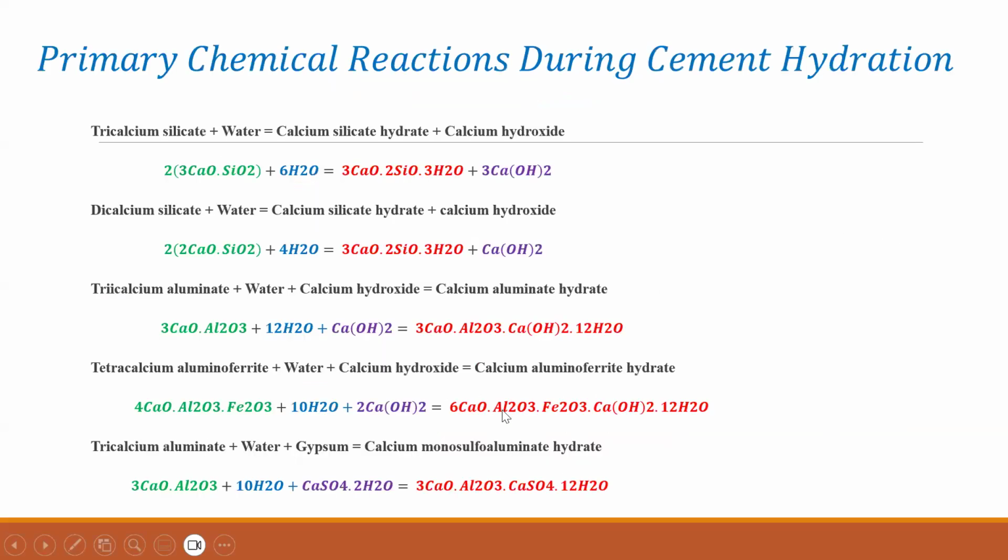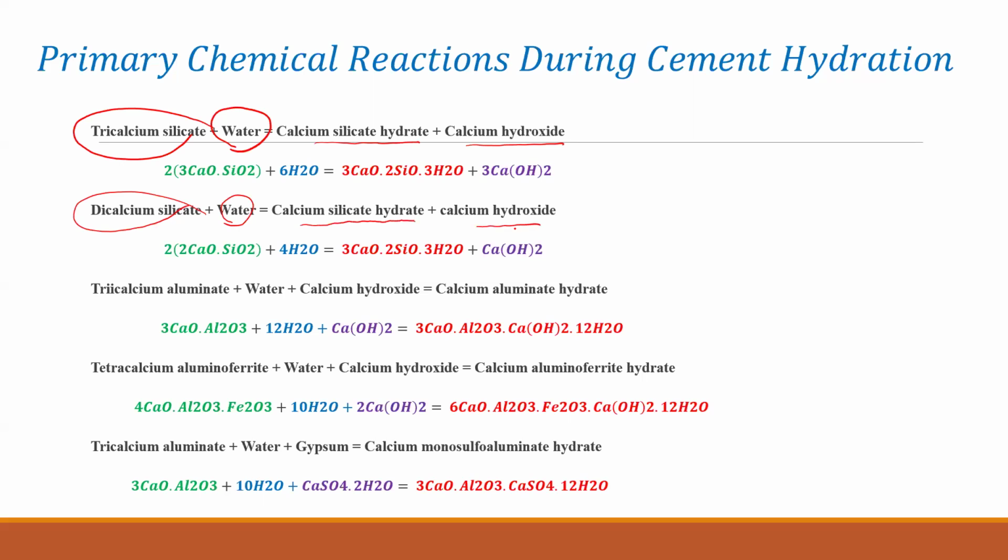So these are the reactions. You don't need to remember this, but you have to have an understanding of this. So tricalcium silicate, that means C3S, when you add water, it will produce calcium silicate hydrate and calcium hydroxide. Then dicalcium silicate with water is making calcium silicate hydrate and calcium hydroxide.